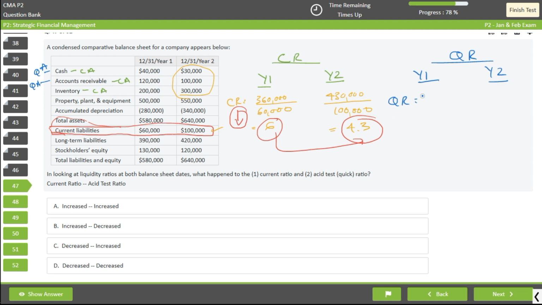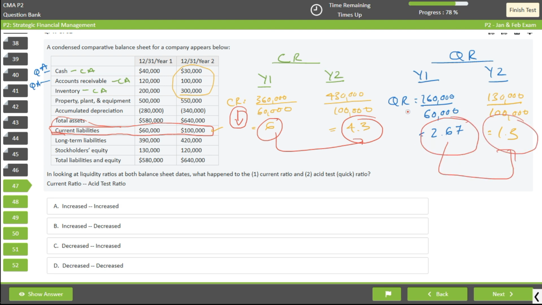So we have 160,000 for year 1 by 60,000, that is 2.67, and for year 2 we have 130,000 by 100,000, which is 1.3. So the current ratio has decreased as well as the quick ratio.